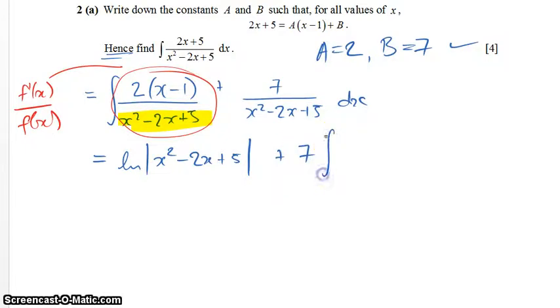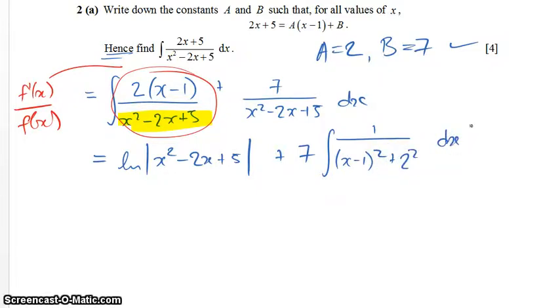What about this one? Well, we haven't got the derivative on the top line, but we've got a quadratic on the bottom line. This means that I'm going to be looking at writing it as the sum of two squares, or the difference of two squares, and seeing what I can do. So completing the square, I get x minus 1 squared plus 2 squared dx.